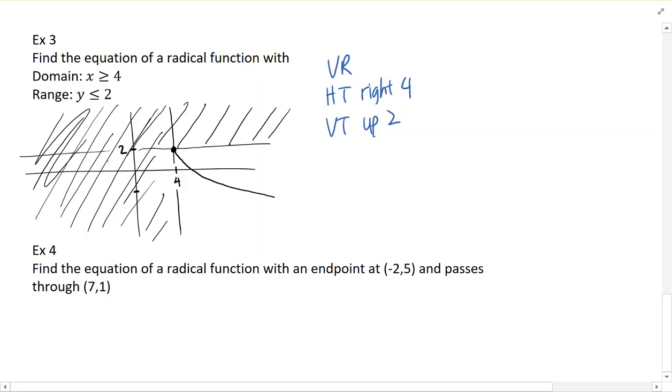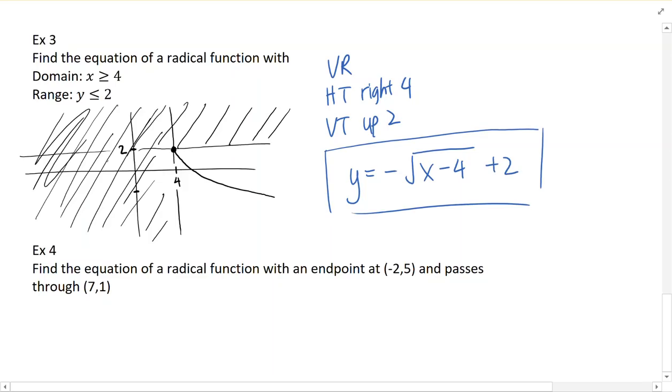So that means in the equation, we're looking at y equals a vertical reflection, right 4, so that'll be minus 4, plus 2. Right there.